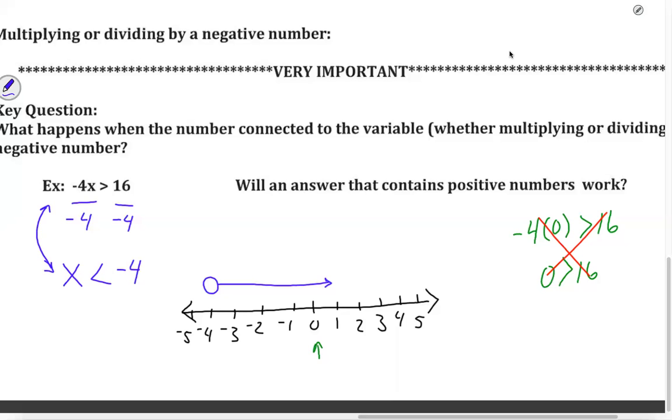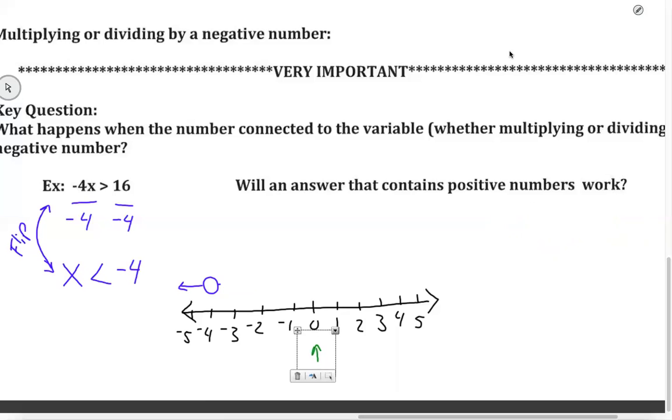What did I do to my sign? I have to flip it. So if I come back here, because 0 didn't work, and I flip my sign, and now I go that way, let's check and see what happens. So I'm going to pick, instead of this number, let's pick -5. -4 times -5, is that greater than 16?